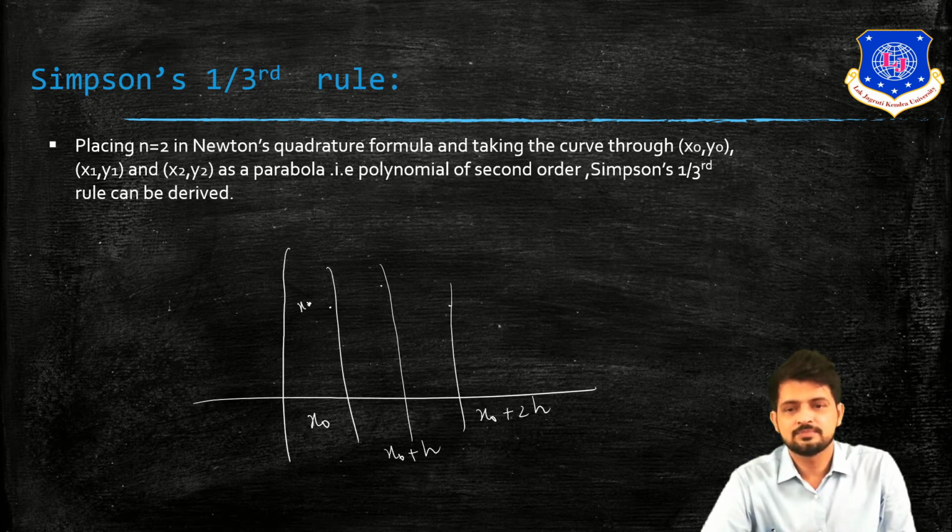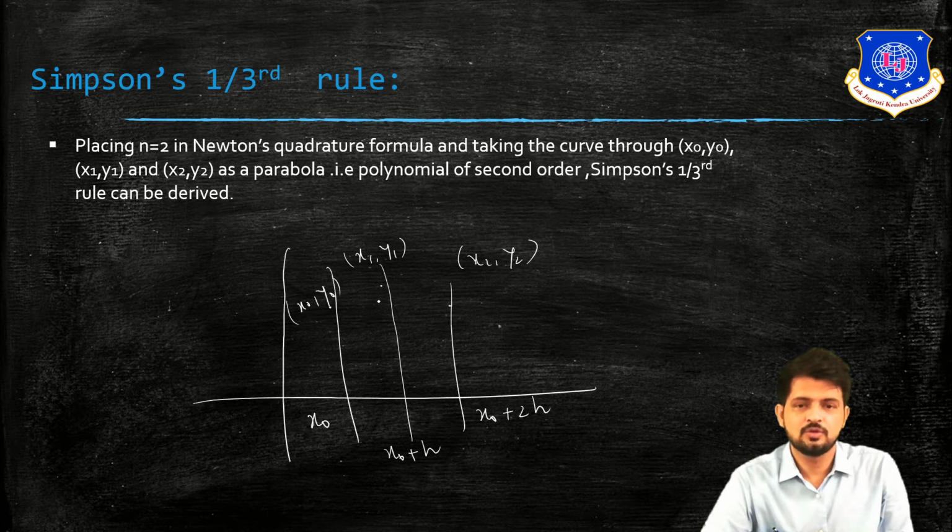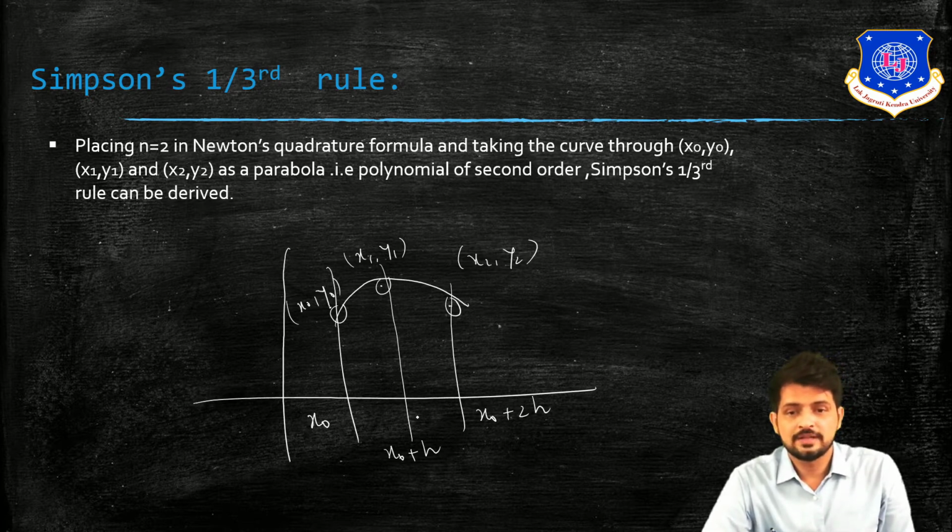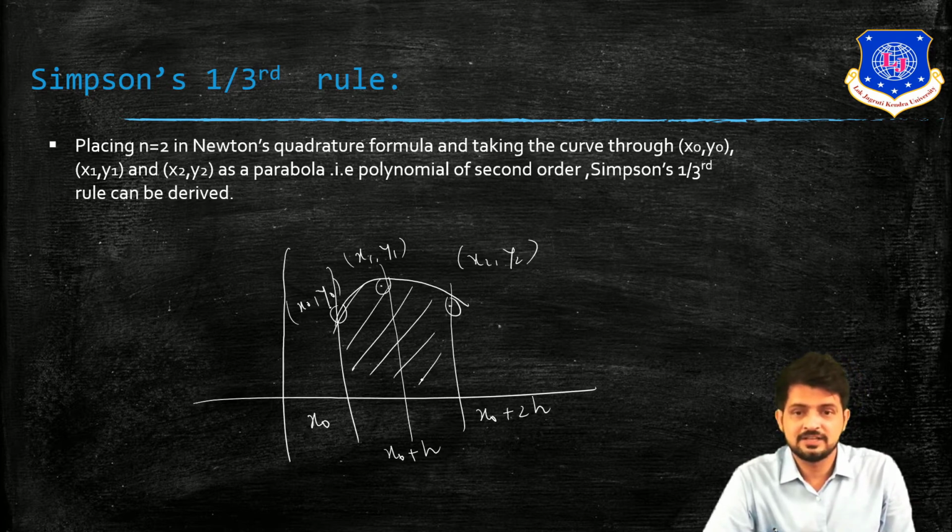This point is x0, y0, this is x1, y1, and this point will be x2, y2. So we have to take these 3 points, and the shape will be of a parabola. In this way we can calculate the integral for this region. Okay, again from x0 plus 2h to x0 plus 4h.